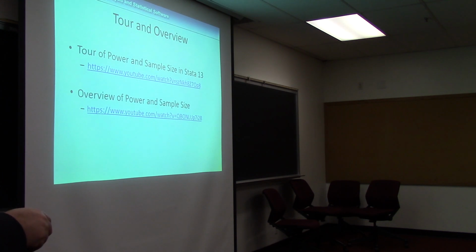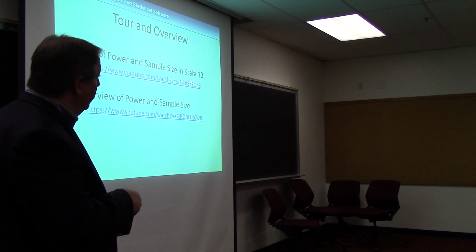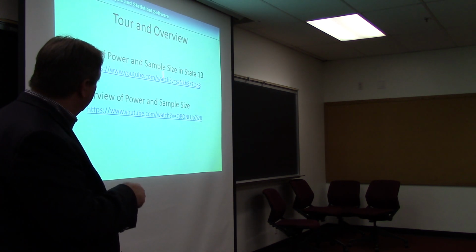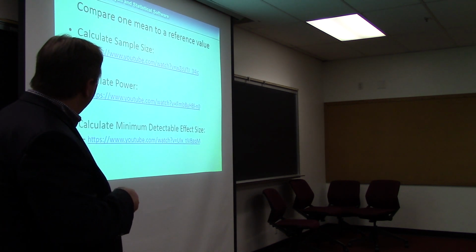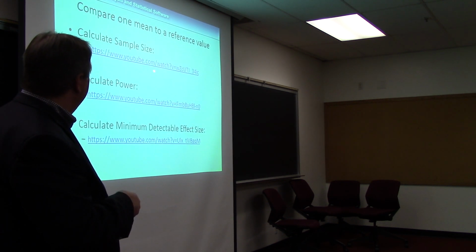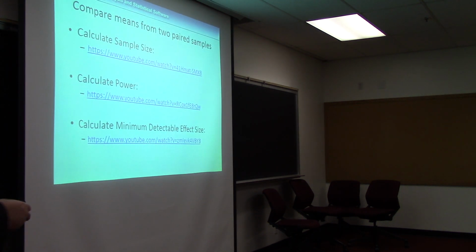There are a bunch of videos. A couple of years ago, I just got carried away recording videos for power and sample size. On our YouTube channel, there's a tour that shows you the basics, like what I just did here. Then I show you for one mean how to calculate sample size, power, and minimum detectable effect size. For two paired means, what if you have a paired t-test scenario?